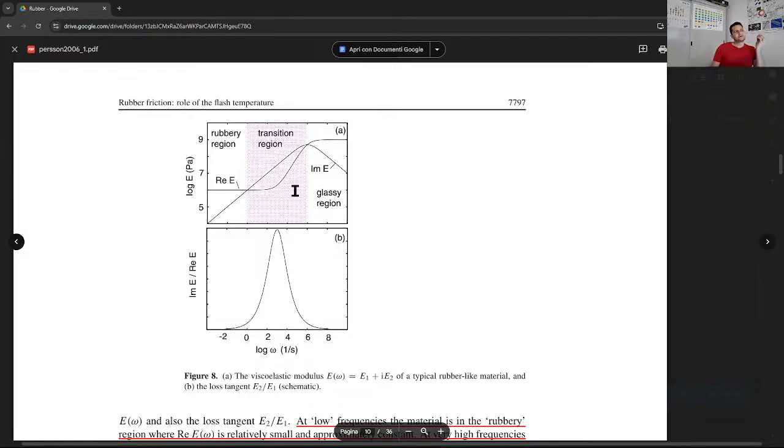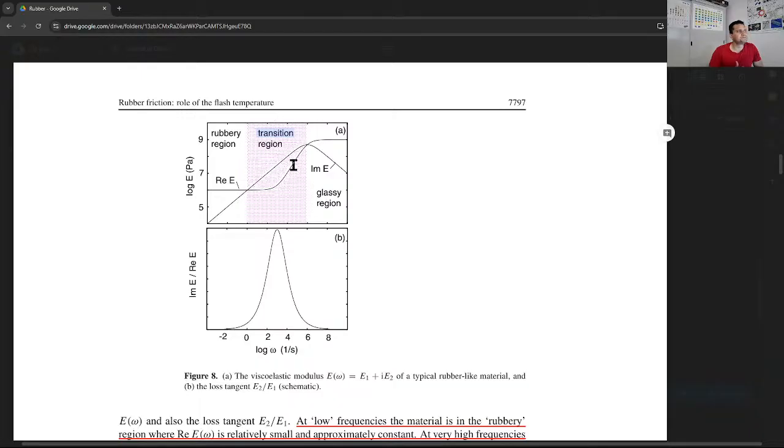What are the characteristics? Basically soft and glassy stiff. And then we have a transition range of velocities.